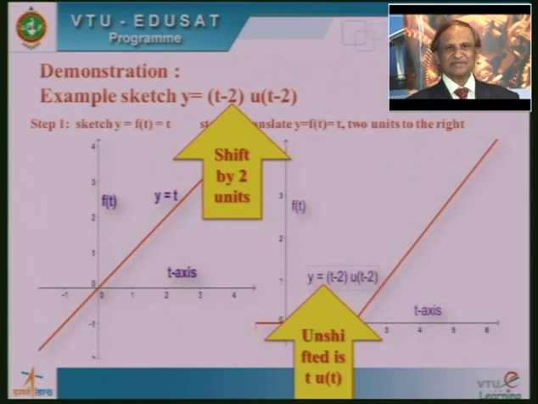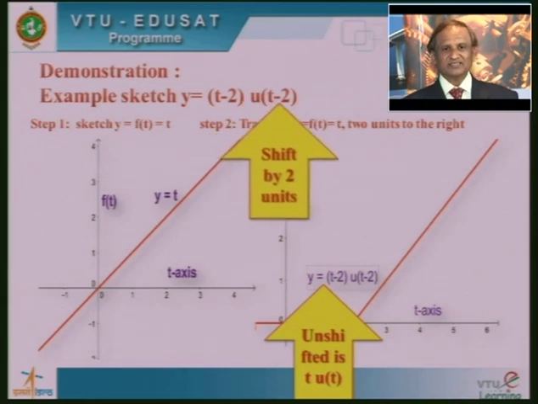If I write t minus 3, the curve will shift 3 units to the right hand side. Either t minus 2 or u of t minus 2, t minus 3 or u of t minus 3, the curve will shift 2 units or 3 units accordingly.